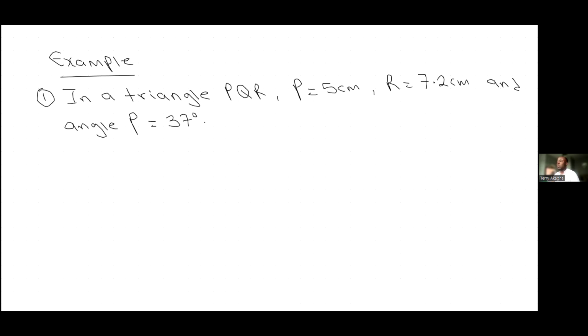Now, we're told to find the two possible values of angle R. So straight off the bat, we're being told that angle R is going to have two possible values. That means it's possible that it's going to be an acute angle or an obtuse angle.